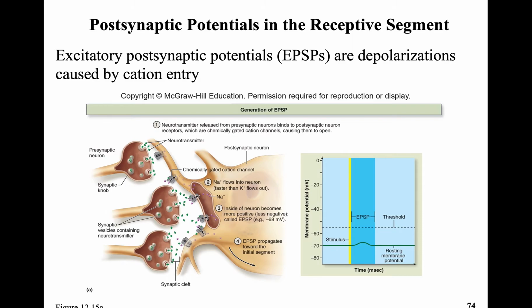Now, if we look at the picture carefully, we'll see that this neuron right here, having a synaptic end bulb, is releasing some neurotransmitters to stimulate the receptor on the second neuron. So this picture right here that I'm circling, that part is the first neuron. That's why it's labeled as presynaptic.